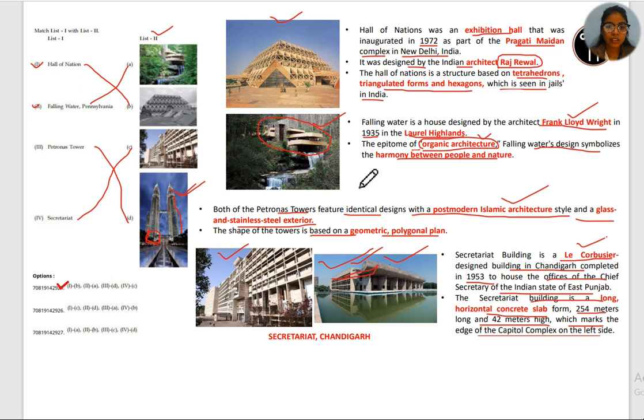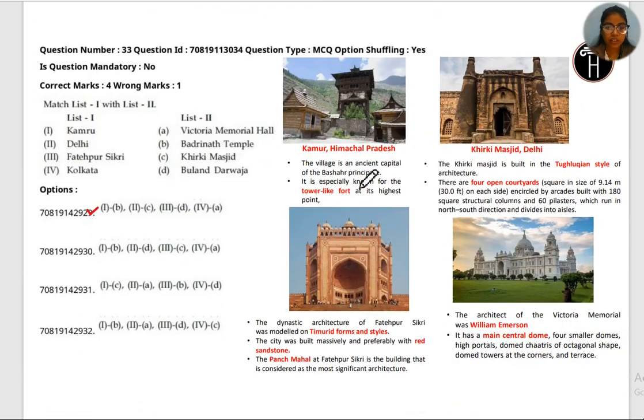Moving on to the next question, here again you have to match the following. The options given in list 1 are the names of places, and in list 2 you have the names of the buildings or structures. The first one is Kamru.